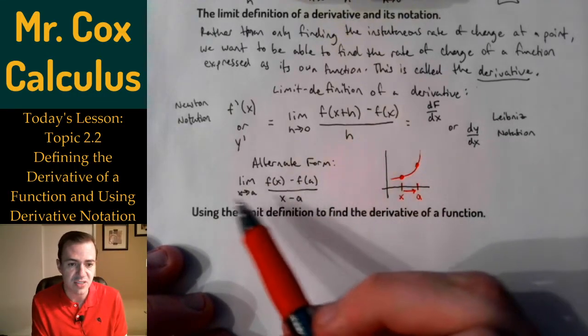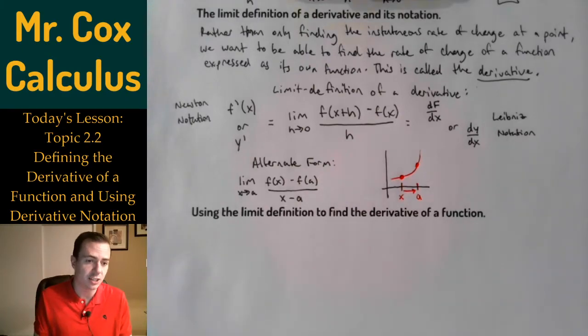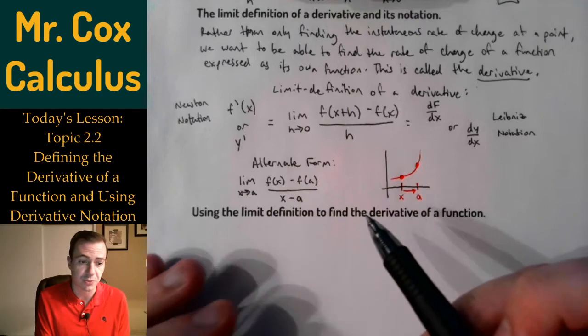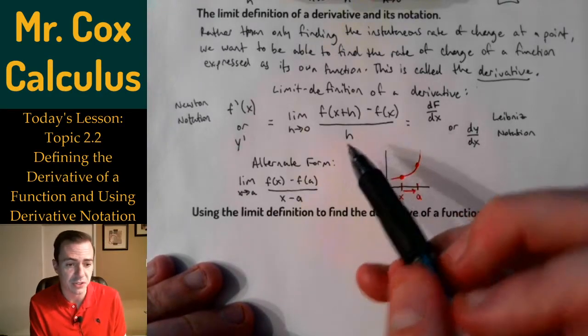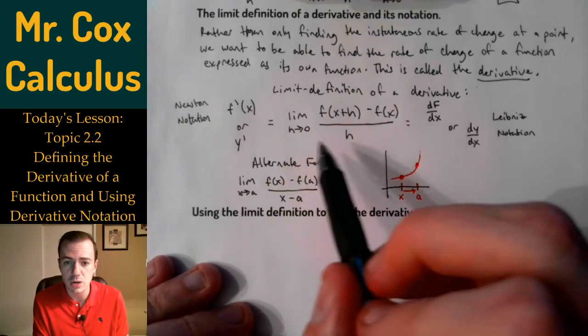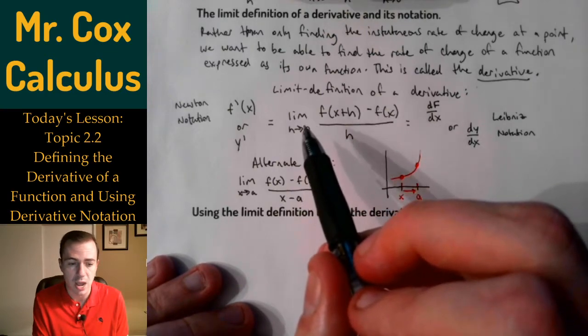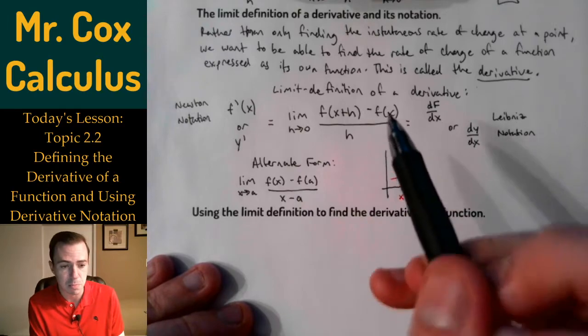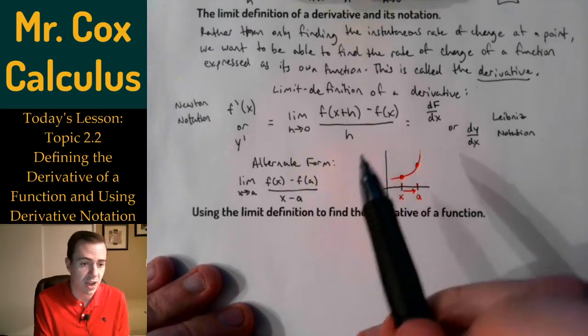So if you ever see this form right here, that's also a form of the definition of the derivative. But for the rest of the notes, and for the sake of most of what we'll be doing in this class, we're going to focus on this form right here. The limit as h approaches 0 of f of x plus h minus f of x, all divided by h.